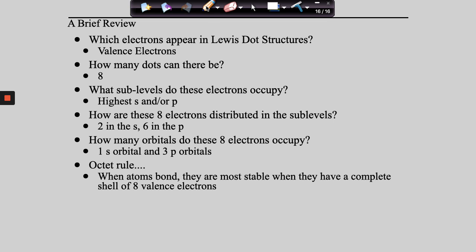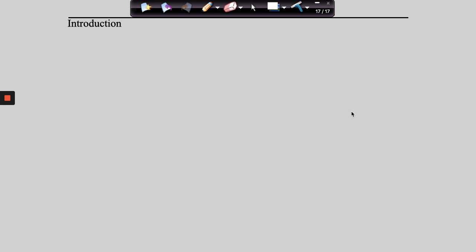And some of you may be thinking ahead and realizing that 8 valence electrons gives them the electron structure of a noble gas. Please remember that this doesn't mean that they become noble gases, because that's determined by the number of protons in the nucleus, but they do in fact take on the electron structures of the noble gases.